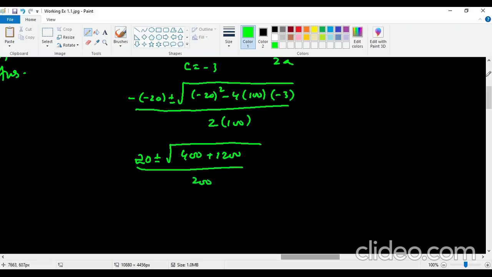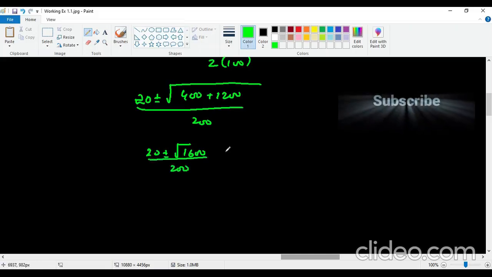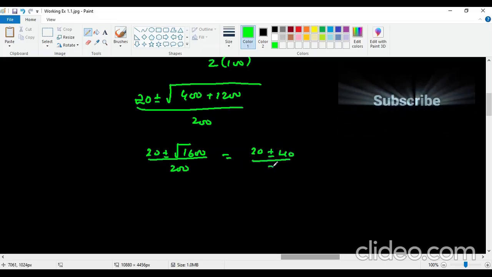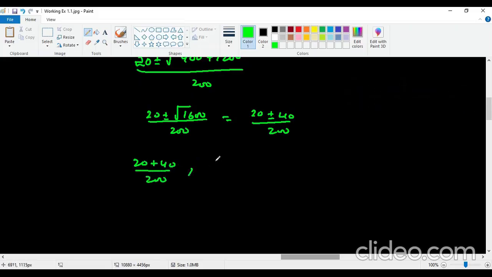Now further simplification is going to give you a 20 plus minus under root 1600 over 200, which is going to give you 20 plus minus 40 over 200. So finally you have two different values, 20 plus 40 over 200 and 20 minus 40 over 200.